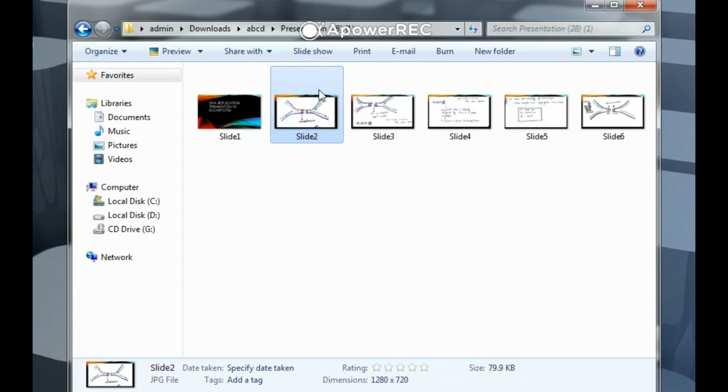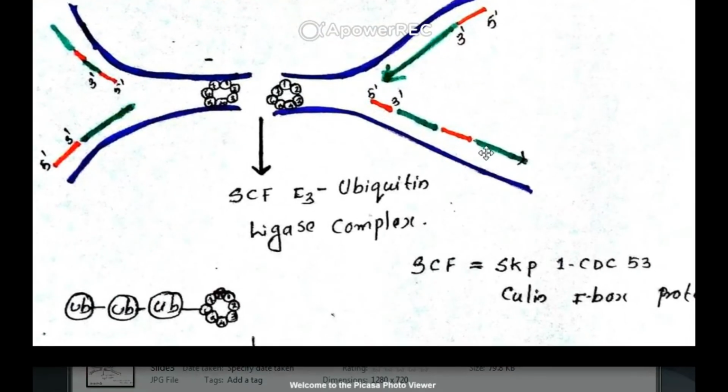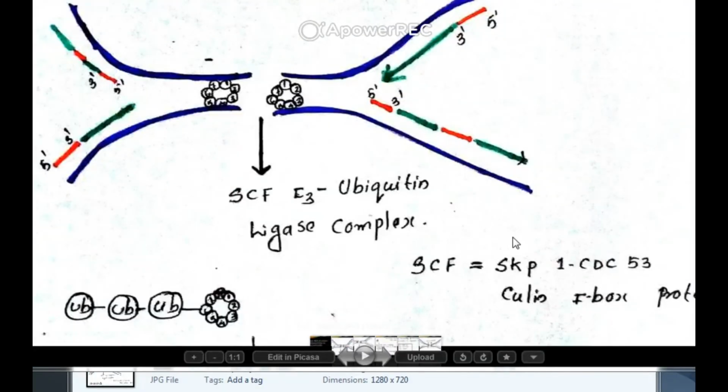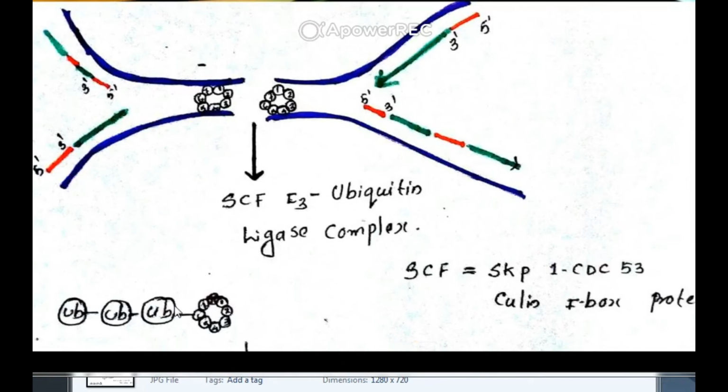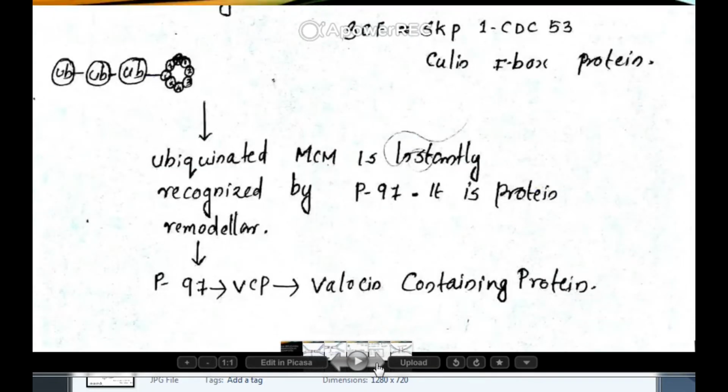You can see here SCF, SKP1, CDC53 cullin, F-box protein, and MCM7 is ubiquitinated. Then the ubiquitinated MCM is instantly recognized by P97.